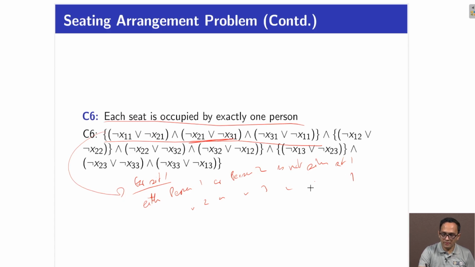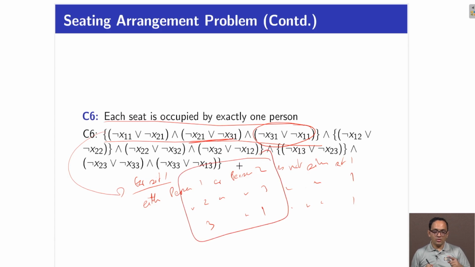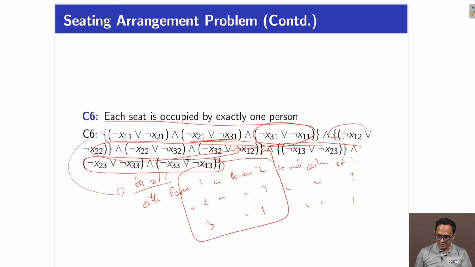Then this says that person 3 or person 1 is not sitting in seat number 1. So if you combine these 3, it effectively says that only one of them is sitting in seat number 1. Now this is for seat number 2 and this part is for seat number 3, right? So this is how I encode the entire thing. So this is sufficient now, right?